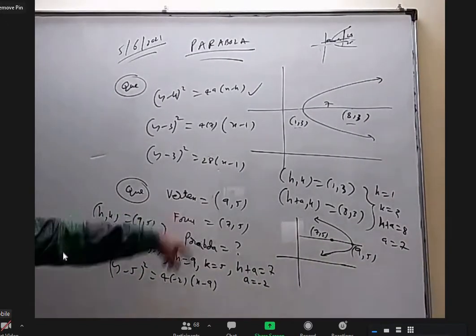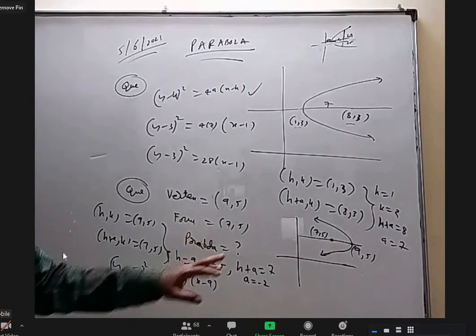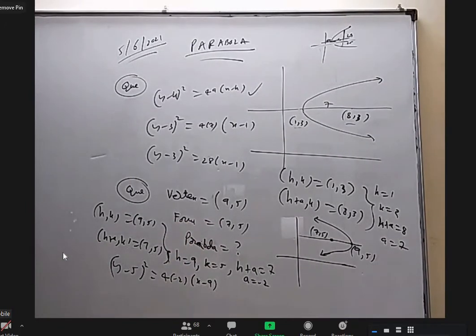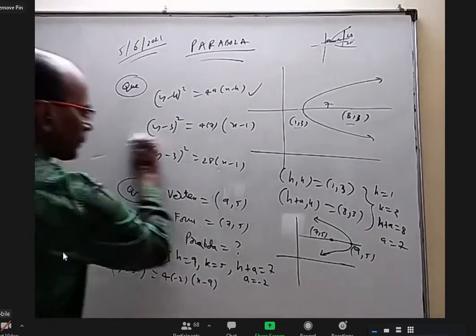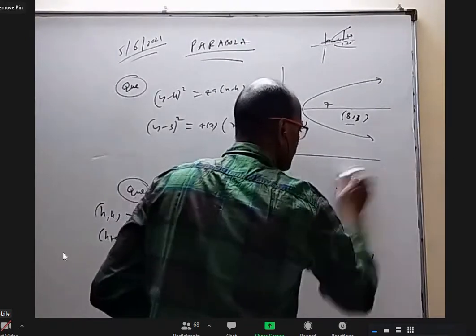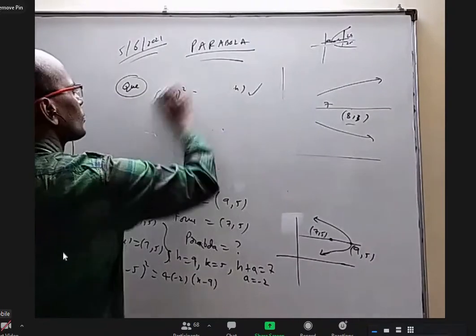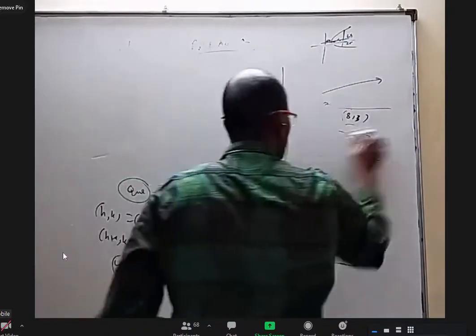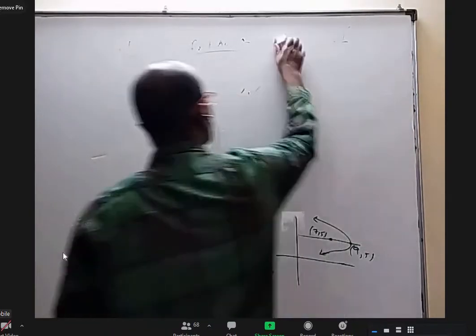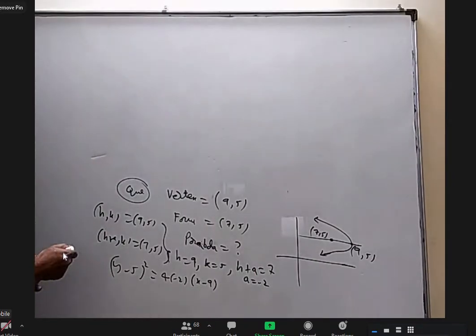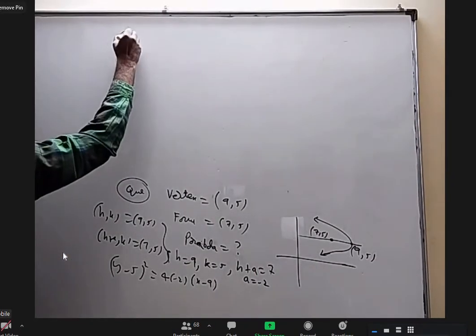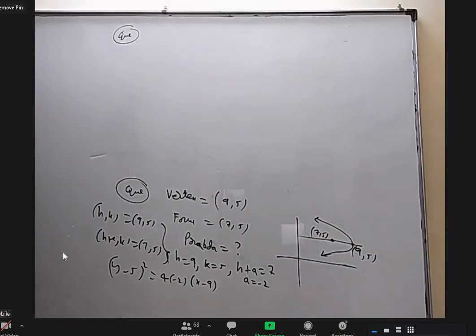I just wrote the question. Vertex is (4, 7)... Okay, next question.